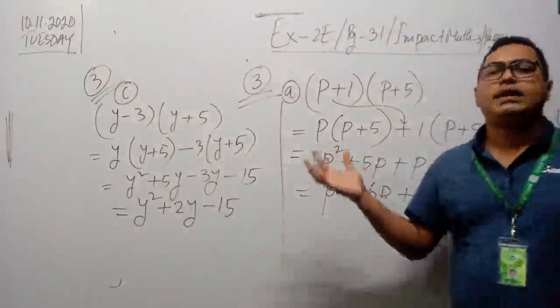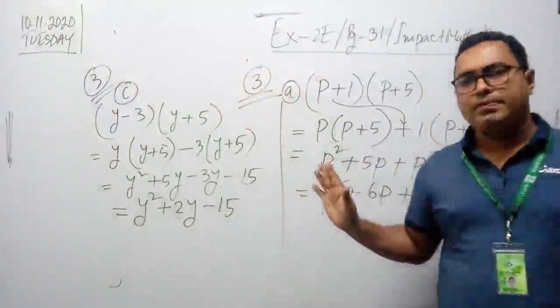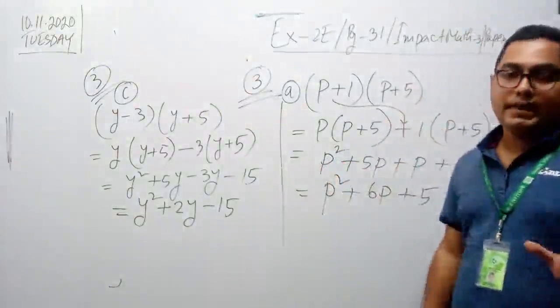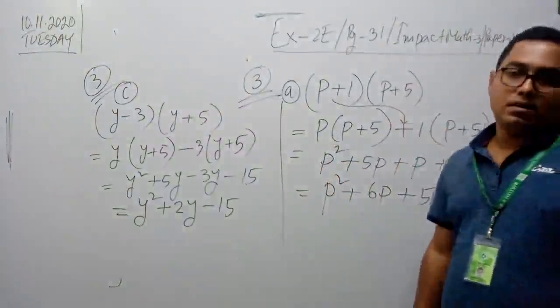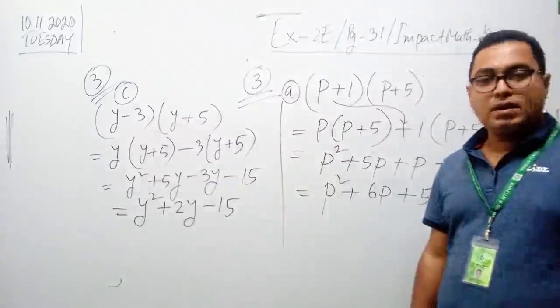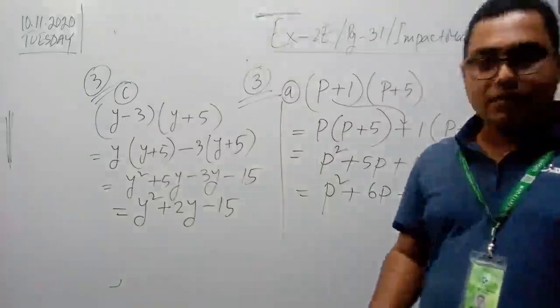If you can find any other method, any method you can follow, no problem. But your process must be mathematically right, and the answer, of course, will be right. It must be right, and then you will get full marks, no problem. First of all, don't think too much.